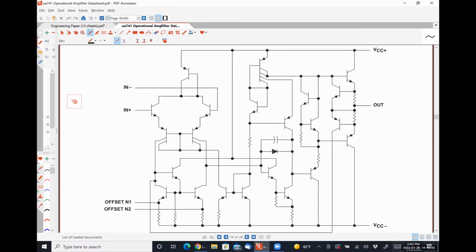Then we have up here at the very top right, a pin that says VCC plus, and at the very bottom right, a pin that says VCC minus. These are where we apply power supply voltages, okay? So this is an active device. What that means is it doesn't work or it doesn't do its job unless it's powered, okay?